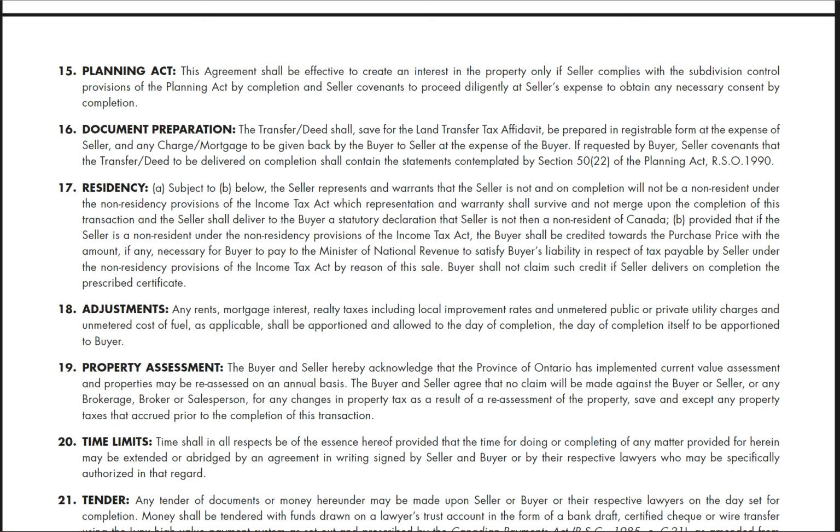I'll give you a brief example of that. So for example, if the property taxes are $3,600 a year, the seller has already paid for the full year, and the buyer then has to reimburse the seller for that portion of the year after closing. So for example, using April 1st as the date, the seller has already paid 9 months worth of taxes, so about $2,700.